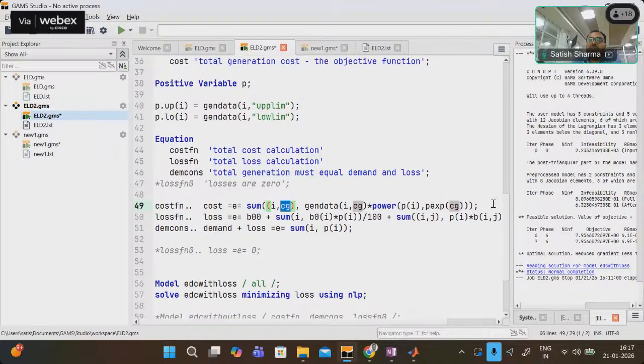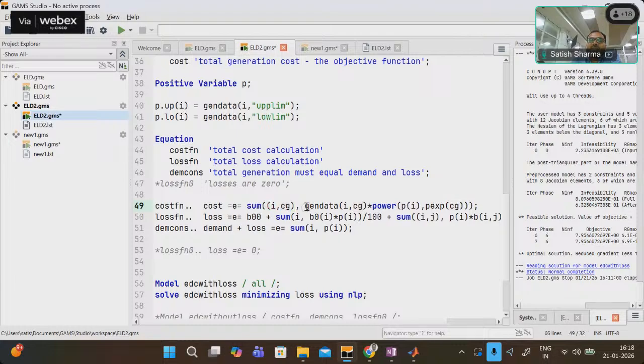There will be 3 generators, so we would have to write it down 3 times, like a p square plus b p plus c p square. So 3 terms would be needed. To avoid those 3 terms, we have defined a CG as well. CG has the values of A, B, and C only. So basically we are summing over i and ABC.